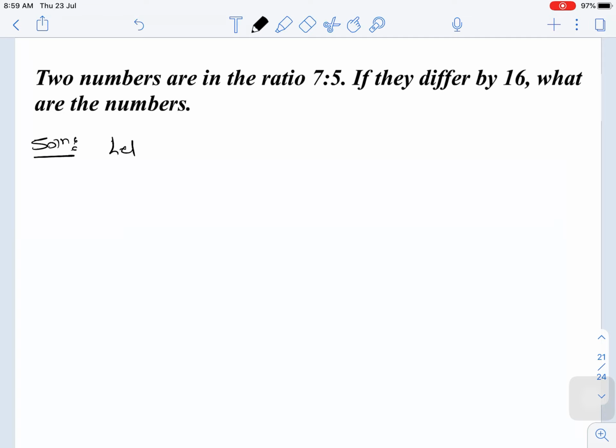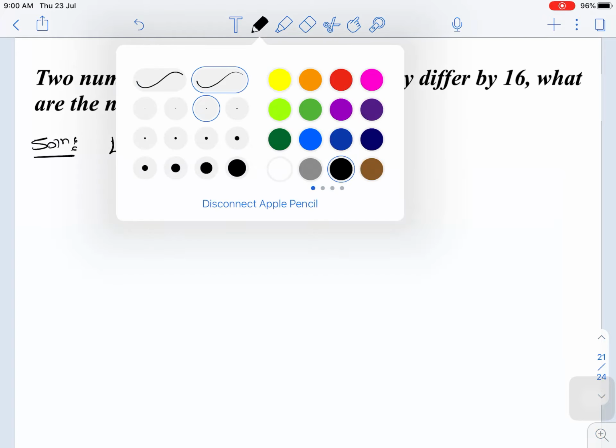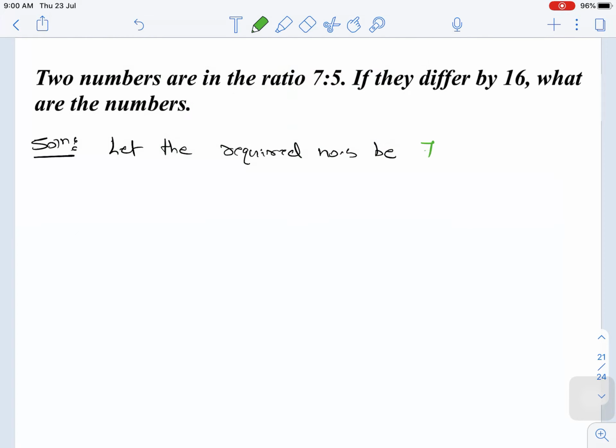Solution: Let, you can write. Here it is given that two numbers are in the ratio and we have to find their difference. It means that out of the two numbers, one will be greater and one will be smaller. So let the required numbers be 7x and 5x.